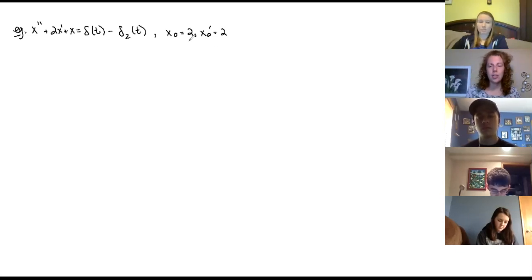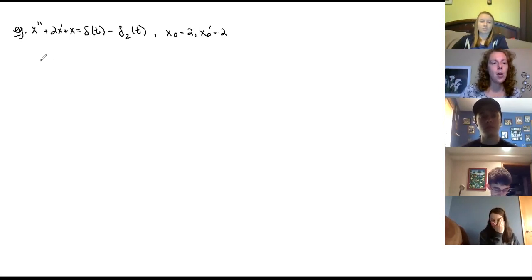Initial position is 2 units stretched. Initial velocity is 2 units to the right. I'm giving the object a shove at time t equals 0, and then I'm giving the object a shove in the opposite direction at time t equals 2, since I've got a negative.